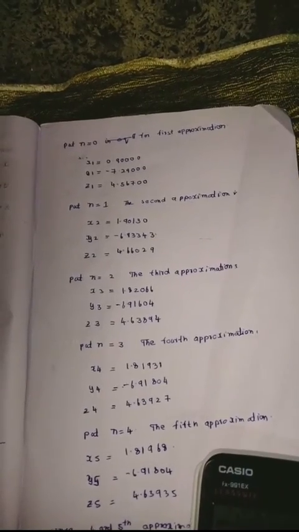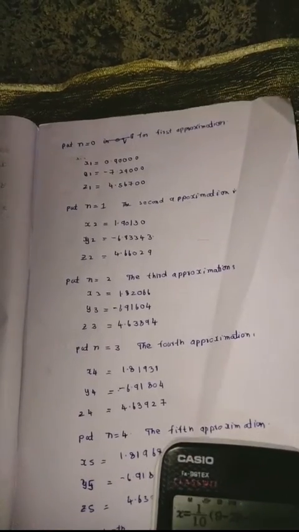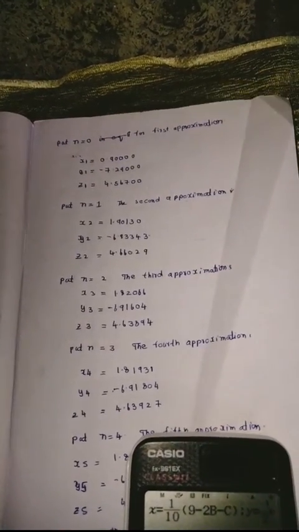By putting n is equal to 0, substitute the 0 in the equations.